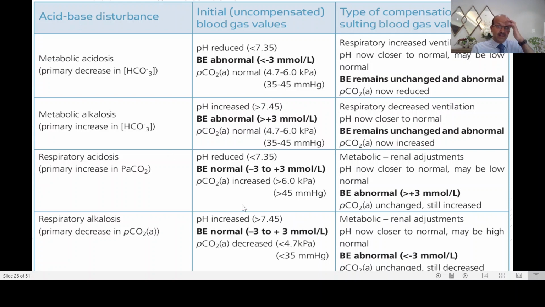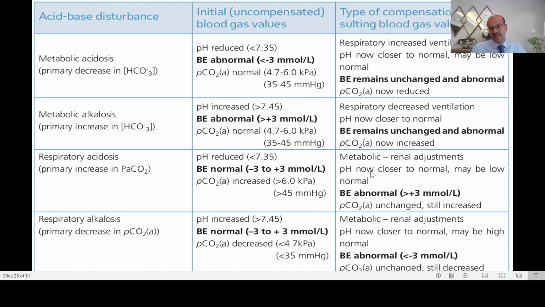In respiratory acidosis, again the pH is reduced but the carbon dioxide is increased and the base excess is in the normal range. In metabolic compensation, the base excess becomes positive because it's a compensation, and this is what happens in chronic lung disease as we discussed, and the pH comes closer to normal.